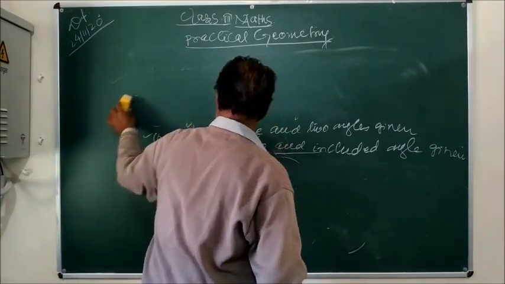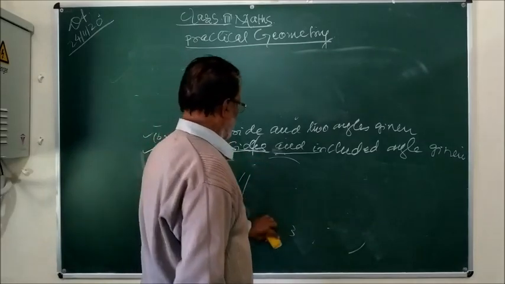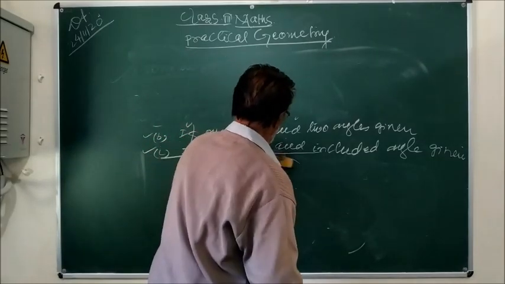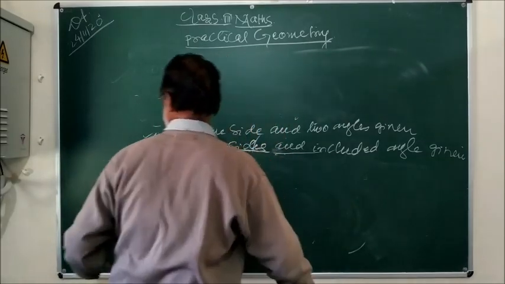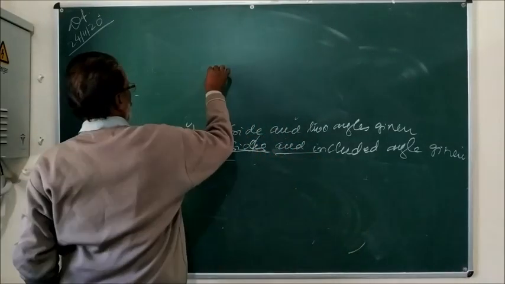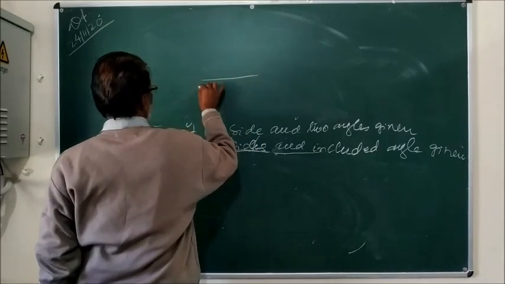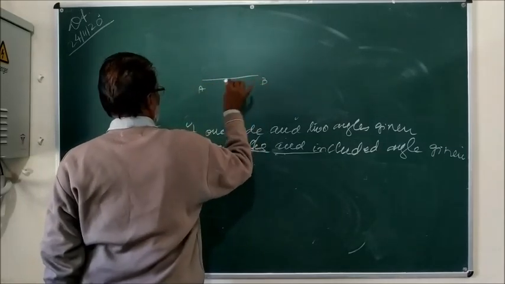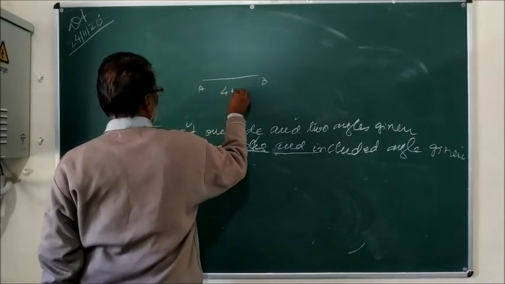Now I tell you, one side and two angles are given. How will you make it? Here one side is given, suppose AB, any measurement, suppose 4 cm.